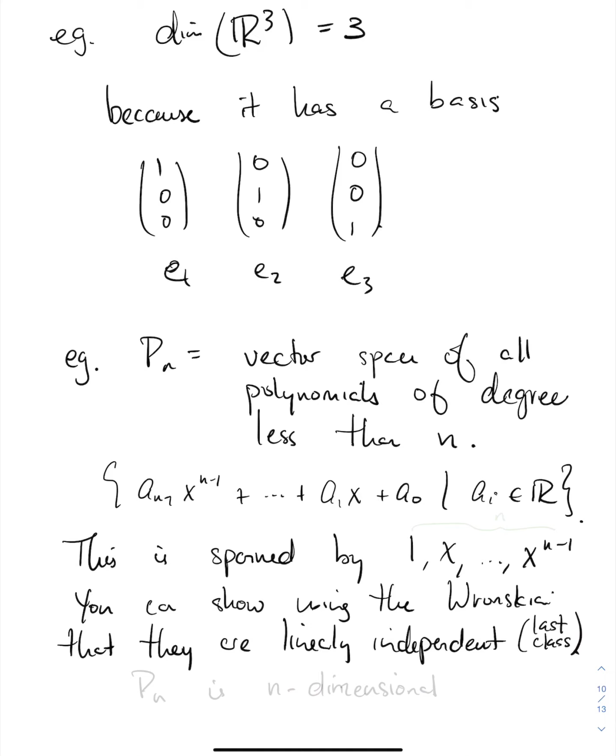And so P_n is an n-dimensional vector space, because it has a basis of size n, these n vectors. All right, that's two examples of finite dimensional vector spaces.